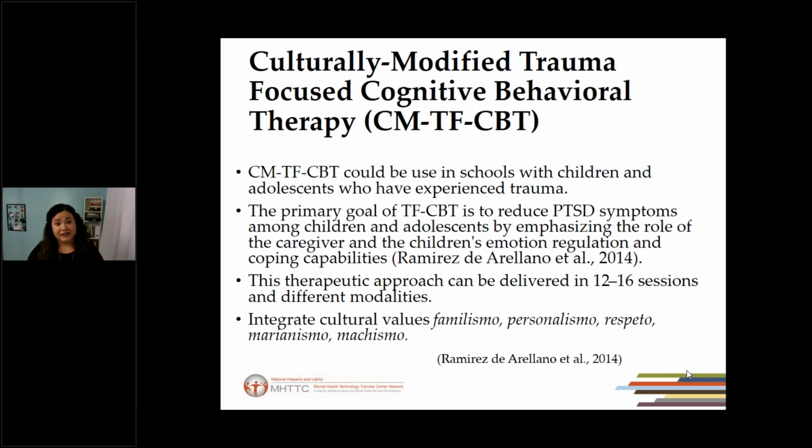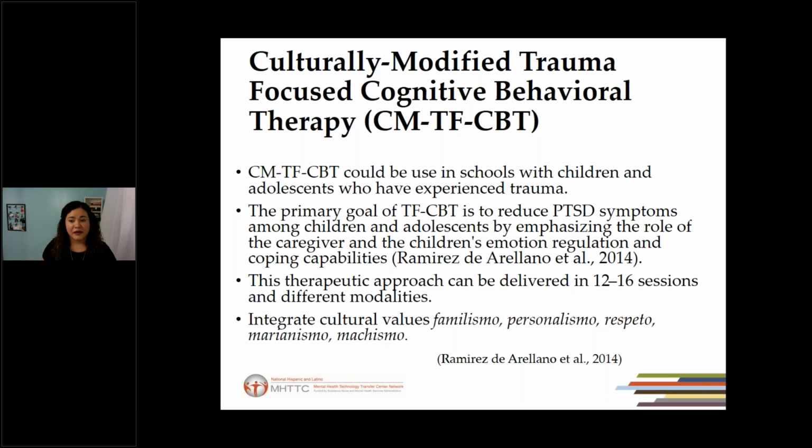Respeto means respect, like having knowledge of different ages, and usually the grandma or the mom in the family is the one that has more authority. And marianismo and machismo. Those cultural values are something that we need to incorporate through the delivery of this TF-CBT.